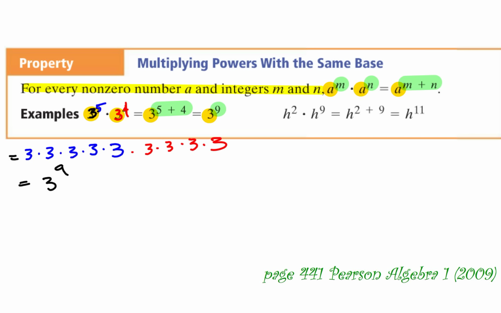In the second example here, it's more algebraic because it has a variable instead of a number base like 3. Here we have a base of h with an exponent of 2. Here a base of h with an exponent of 9. We can see that we add the exponents in this case, 2 plus 9, and it is the same base.